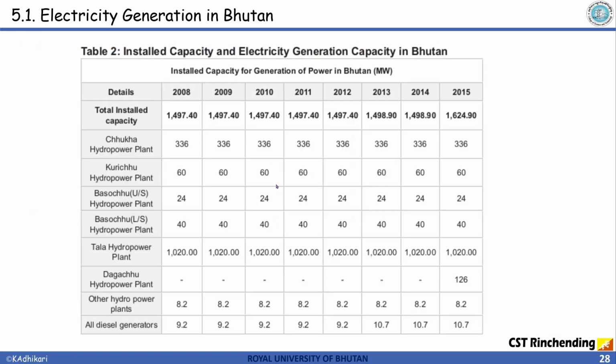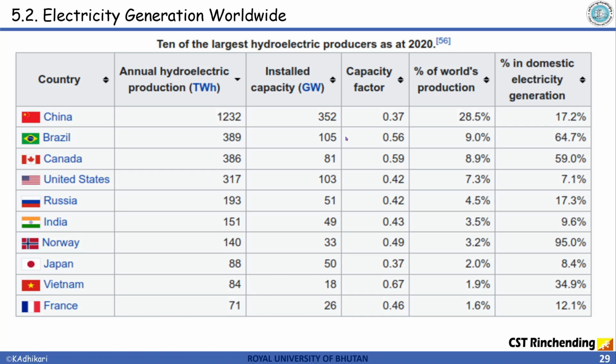And here I have extracted some information from Wikipedia. This is just the statistics out of Wikipedia, and you can also check it out. Here is the electricity generation worldwide. You can see China is leading with an installed capacity of 352 gigawatt, followed by Brazil with 105.